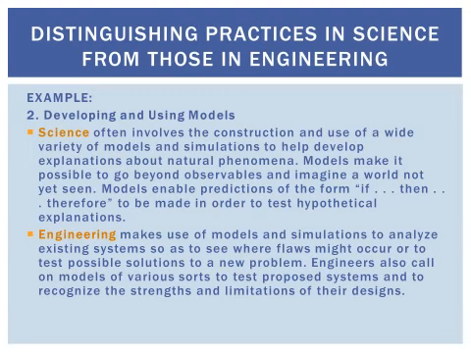As you can see, scientists use models to develop explanations about natural phenomena, while engineers use them to analyze existing systems or test possible solutions to new problems. Students are expected to learn how to develop and use models from both perspectives. The intention here is that the engineering practices have equal standing with science practices. As we provide opportunities for our students to be scientists in our classrooms, we also must provide them with opportunities to be engineers.